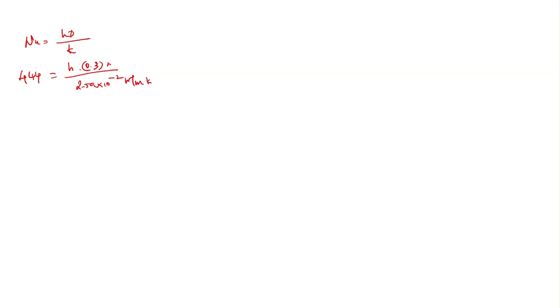The Nusselt number is a dimensionless number. Finally, after the substitution, we get the heat transfer coefficient, which is closely equal to 38 watt per meter square Kelvin. So this is the heat transfer coefficient you find.